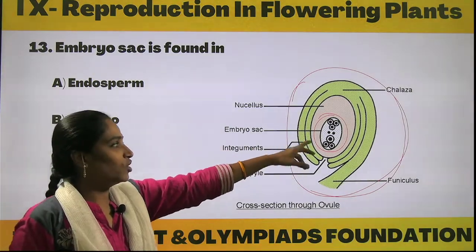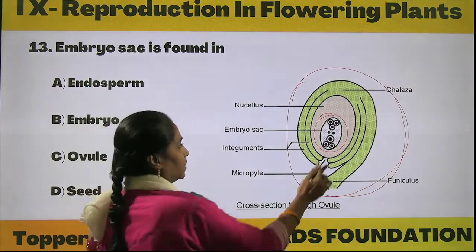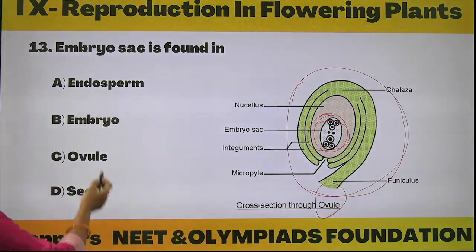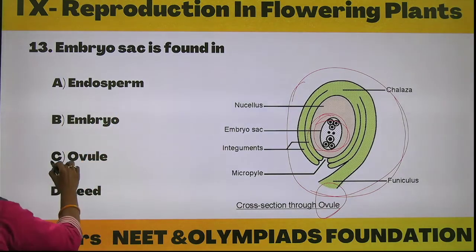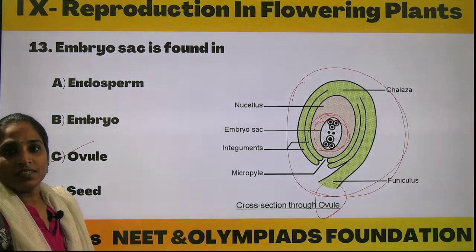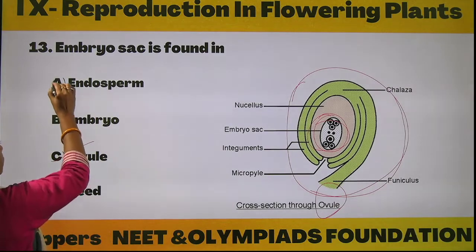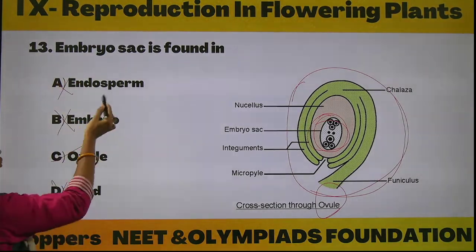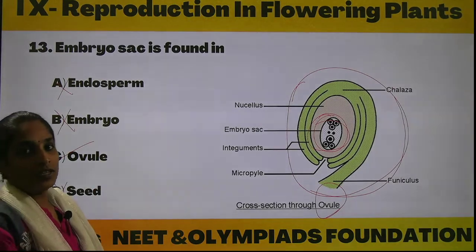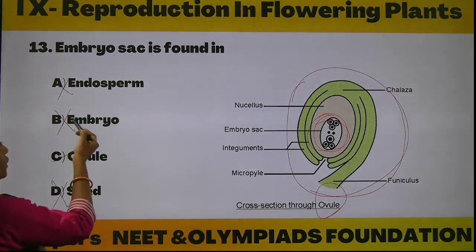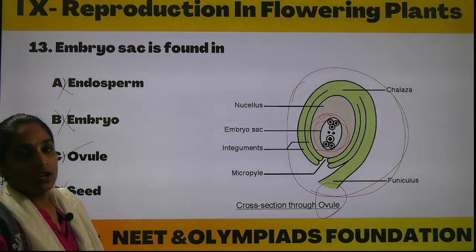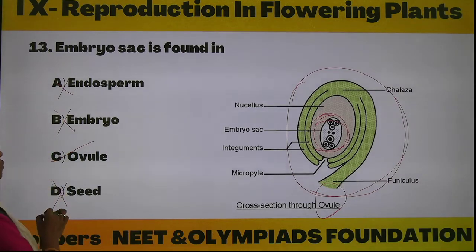So that is called the embryo sac, which is seated inside the ovule, right? So embryo sac is found in, directly you can go for option C, ovule. Not the endosperm, not the embryo, and not the seed. Endosperm is a result of the second fertilization, and the embryo is the group of cells that forms after the formation of a zygote.